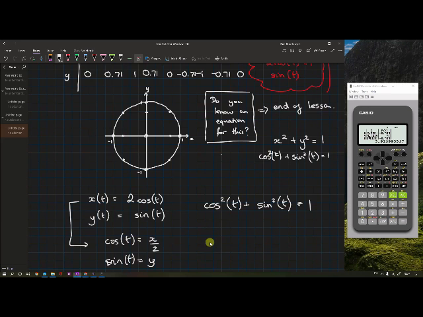I substitute them in. What I get is x over 2, all squared, plus y squared is equal to 1. And you've just seen in here now, by transferring this to this side so I could get this cos t, that's where my halving has come in that you normally get to make these things scale.